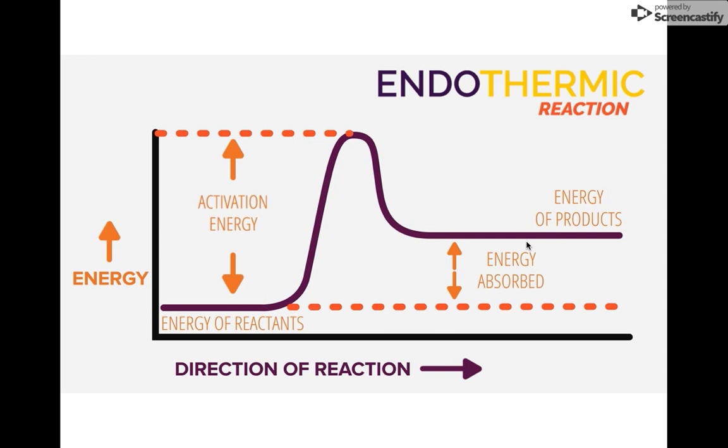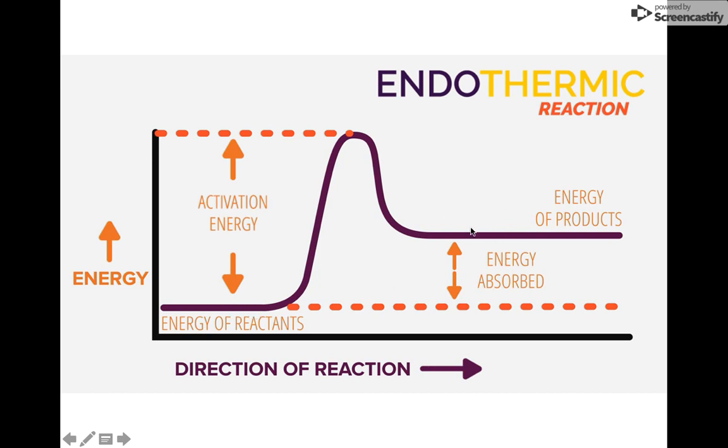You can see that the energy level diagram for an endothermic reaction is the complete opposite of that of an exothermic reaction. So if this is the reactant, again, we've got to put some energy in to get it all going. So we put some energy in, we go up here. This is you putting energy in to make the reaction happen, usually in the form of heat, and then when the products are made, the products have more energy than that of the reactants.